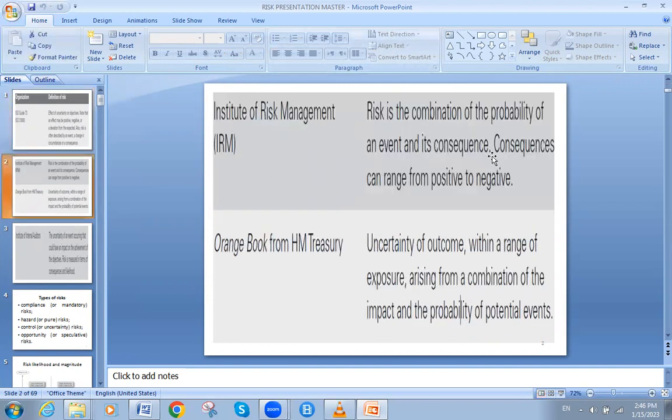The Institute of Risk Management defines risk as a combination of the probability of an event and its consequences. Consequences can range from positive to negative. The Orange Book from HM Treasury says it is uncertainty of outcome within a range of exposures arising from a combination of the impact and the probability of the potential events.